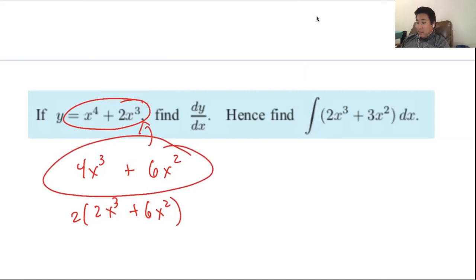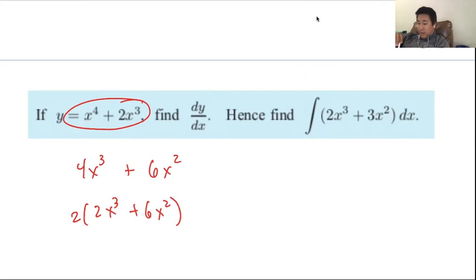We have 2 of this. So 2 times that. So I think it's going to be 2x to the 4th plus 4x to the 3rd, because I'm timesing this by 2.